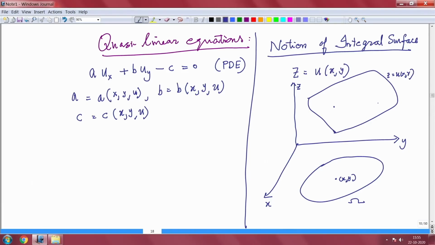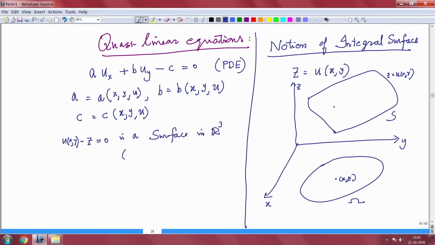In the previous class we have seen the surface introduction. So, this is a surface sitting in R3. So, z equal to u(x, y), or u(x, y) minus z equal to 0, any way you like, is a surface in R3.